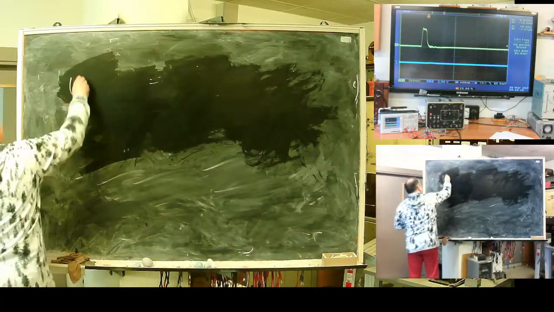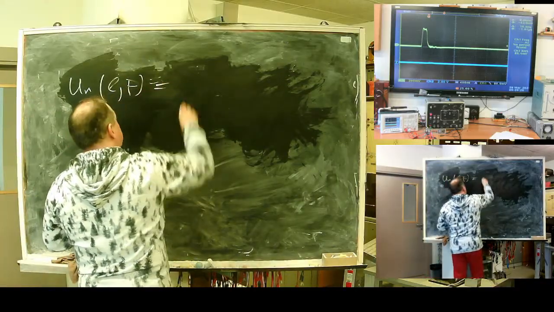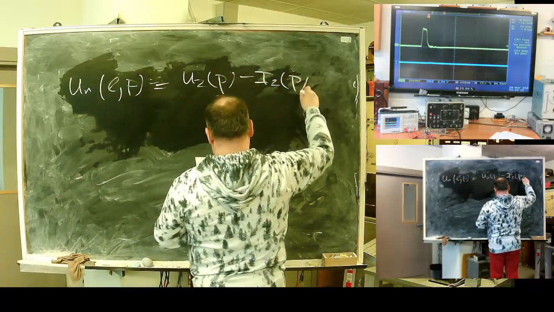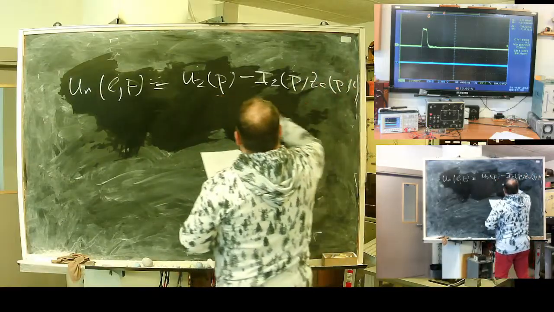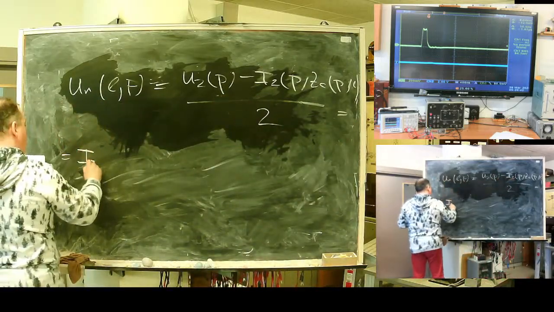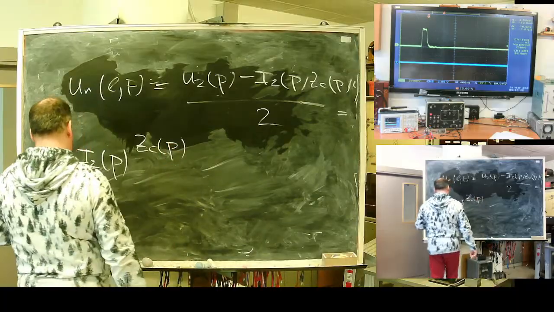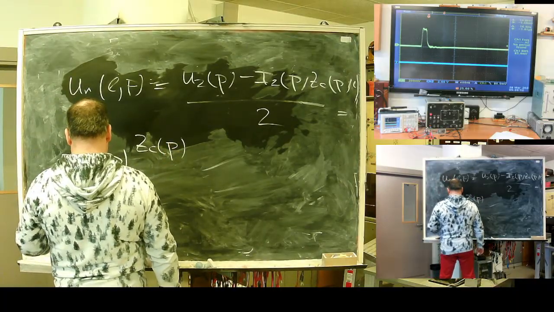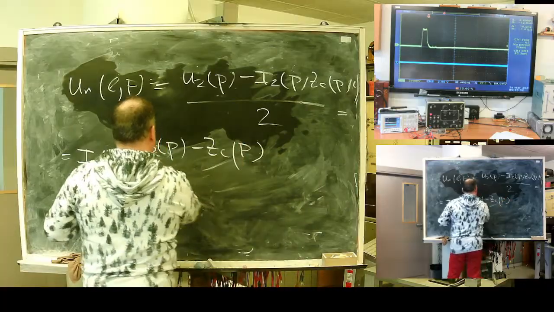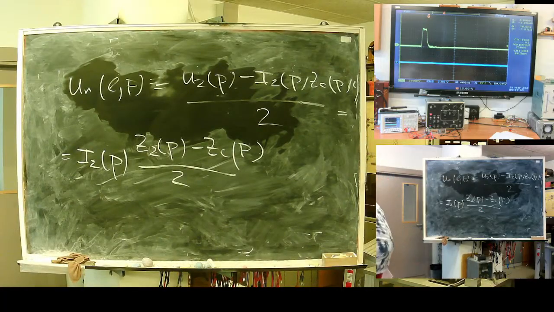Reflected wave or return will be divided by 2 or p, sorry, this is a mistake, divided by half. This is written at the line end point.